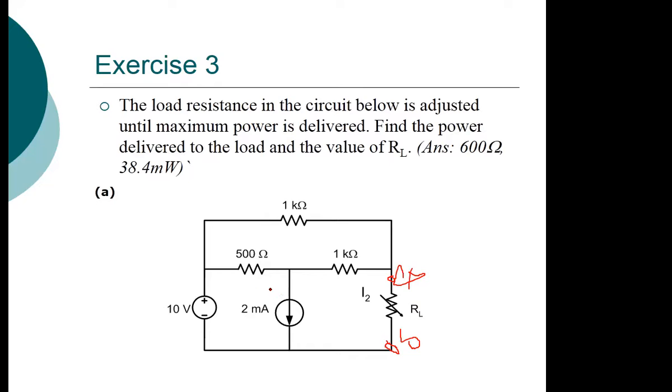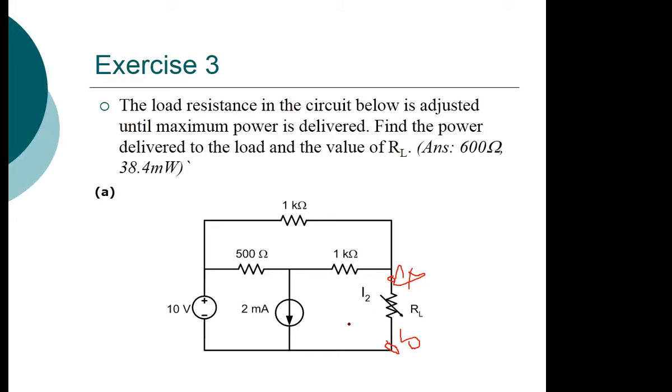Then we have this current source and the voltage source, and also our resistors there. Now, what we want to do is to calculate the voltage across A and B, and also RL with respect to that.